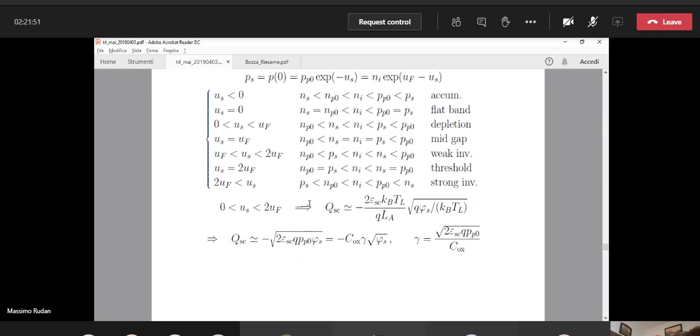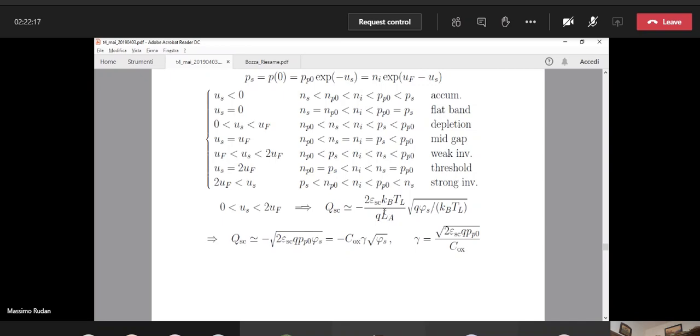At this point, we can simplify many things because if we make the expression of the Debye length explicit, okay, remember that the Debye length has the permittivity in it, the concentration of the holes asymptotically, the thermal voltage, many things.